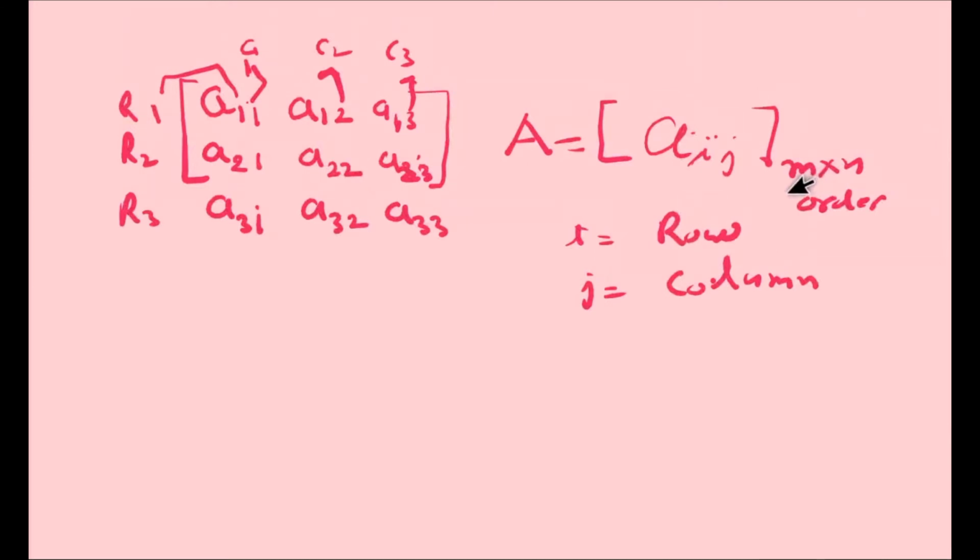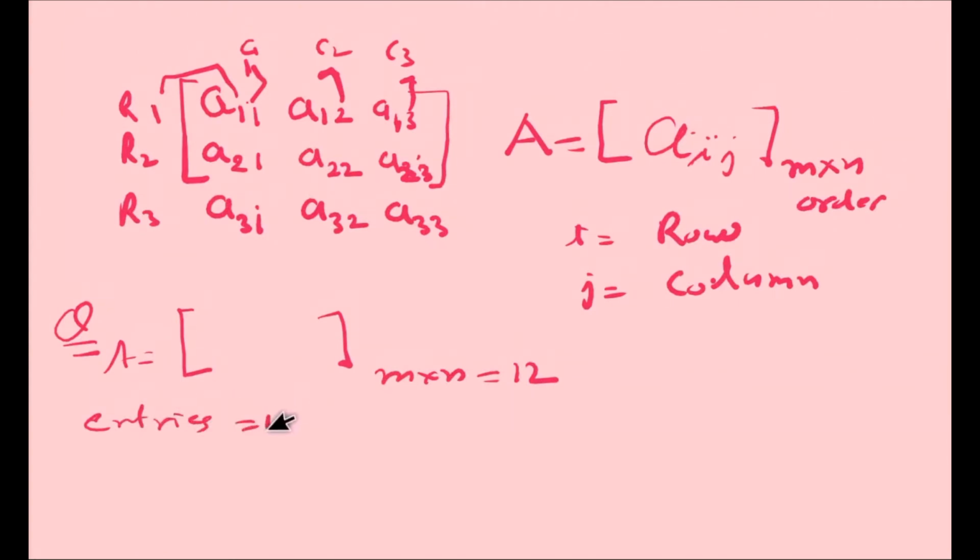Now my question is: if I have given a matrix and the total number of entries or members is 12, what is the possible order? What will be the possible order? Can you tell me?